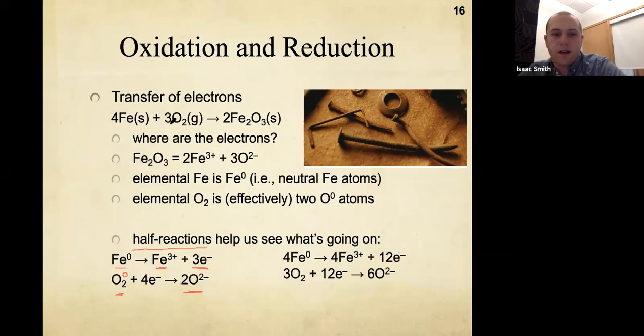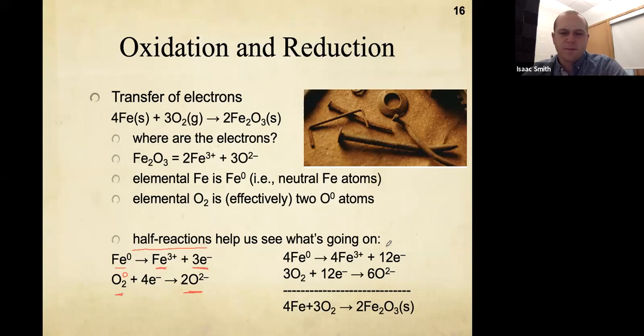Then you had 3 oxygen molecules that gained the 12 electrons that iron gave up to go to 6 separate oxygen atoms. So here you have O3 times 2 is 6 oxygen, which you see here. Okay, and that gave you your full equation.